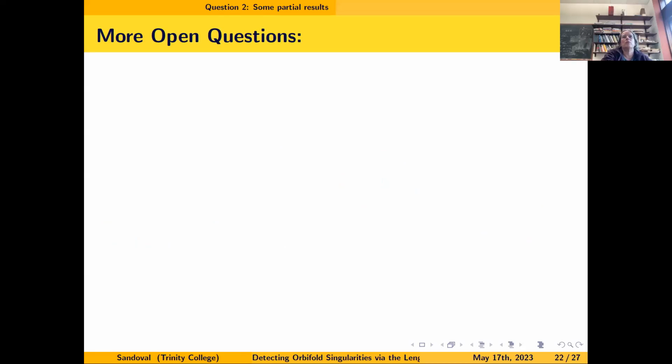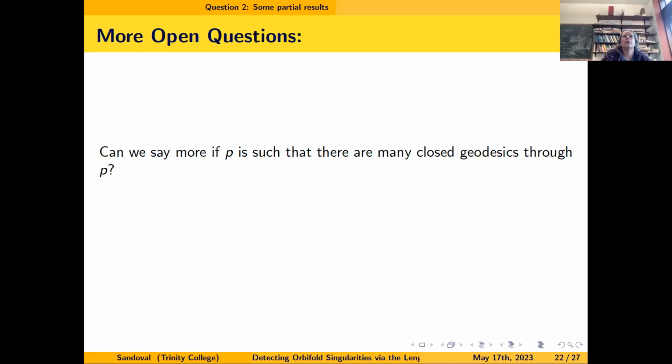So here are some more open questions we could look at. What if there's more than one closed geodesic through this singularity that we found? Well, that would be sort of a case where the dynamics of the geodesic flow are very generous. And we could have multiple geodesics that are independent, that are giving you more of a sense.